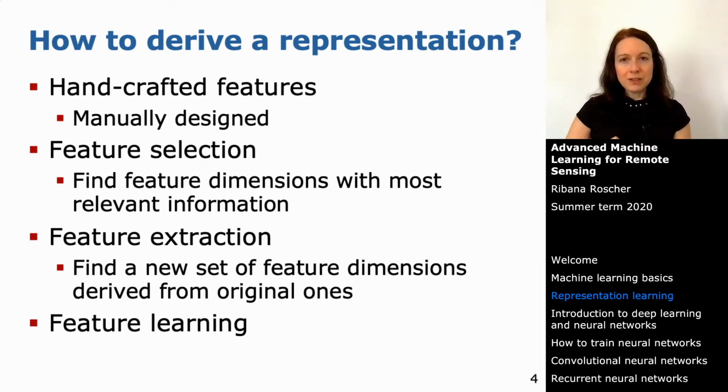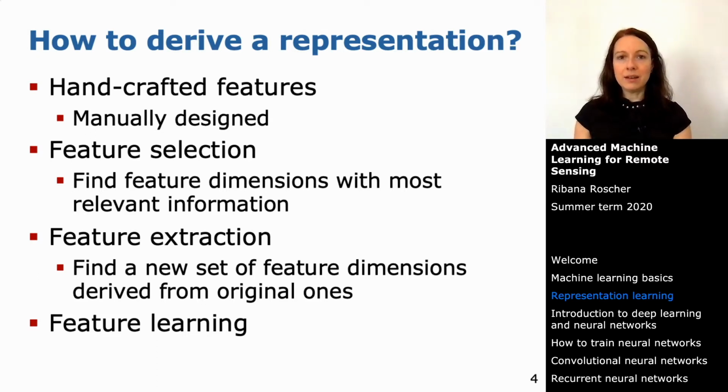Feature extraction is similar to feature selection, but here it's not that you choose specific features from the data. It's more like you transform the whole input data you have to a new feature representation based on the input data. The best example is principal component analysis.